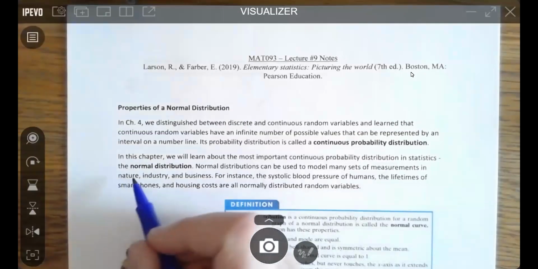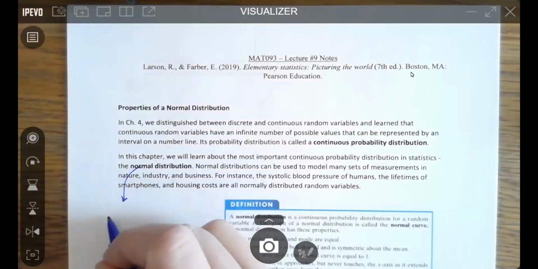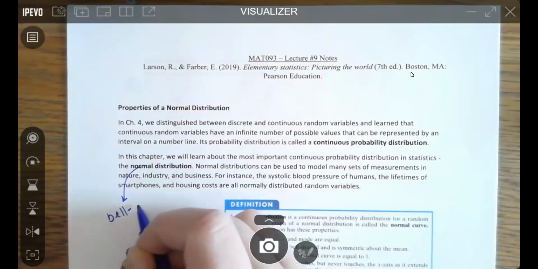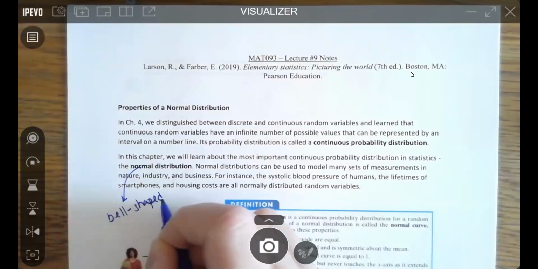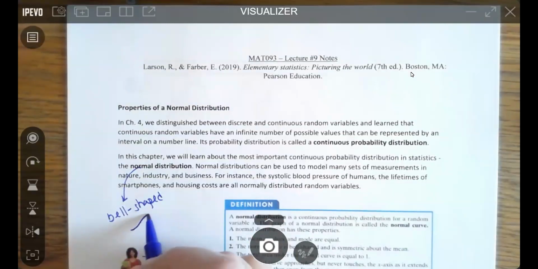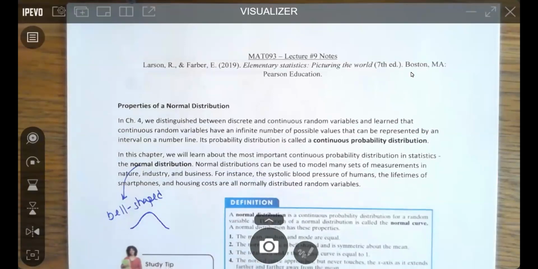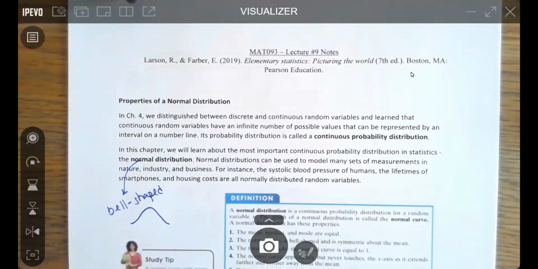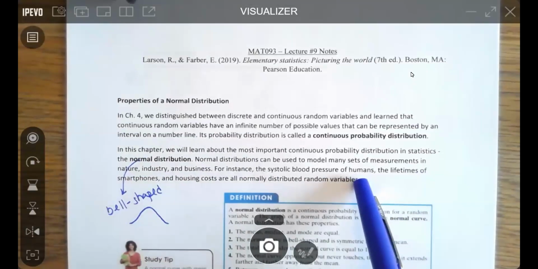And again, if you see anything that says normal, they're basically talking about data that is bell-shaped. So it looks kind of like this. Other examples tend to be things like IQ scores, heights, weights, etc. So a lot of testing examples too. And like we said, some basic health examples exist as well.